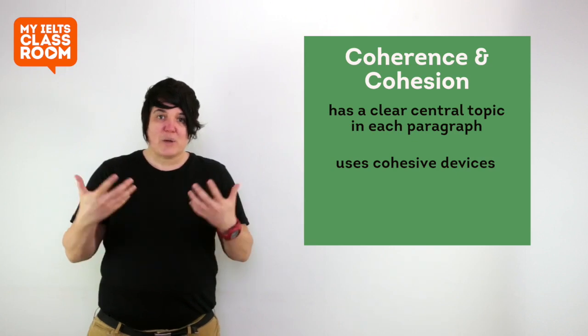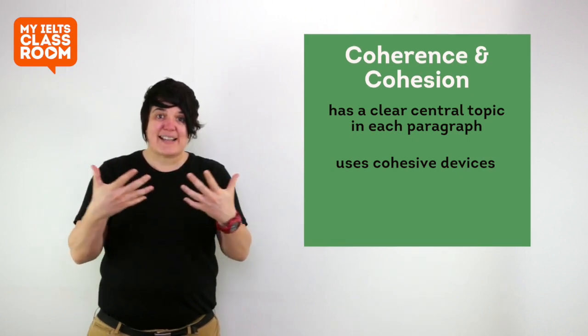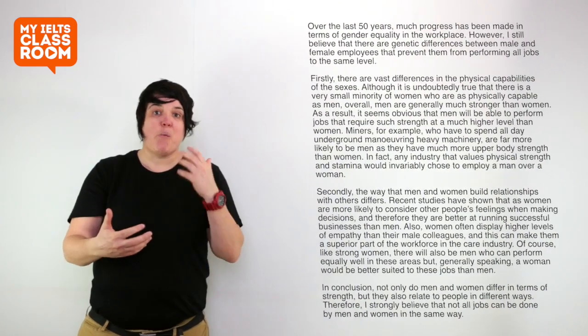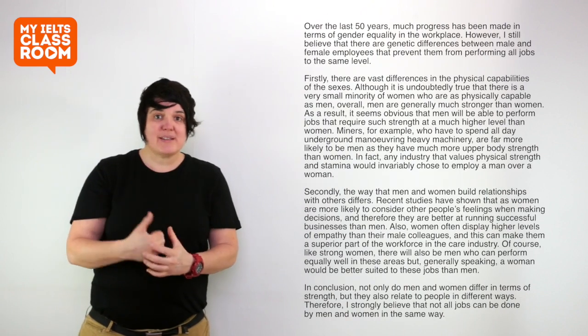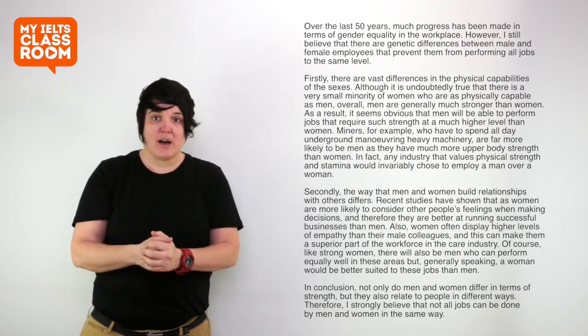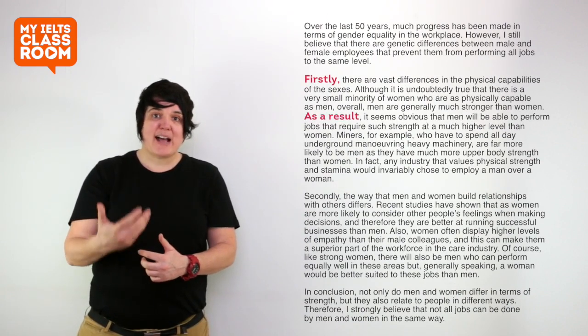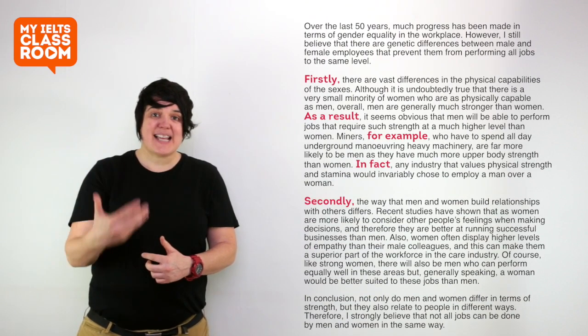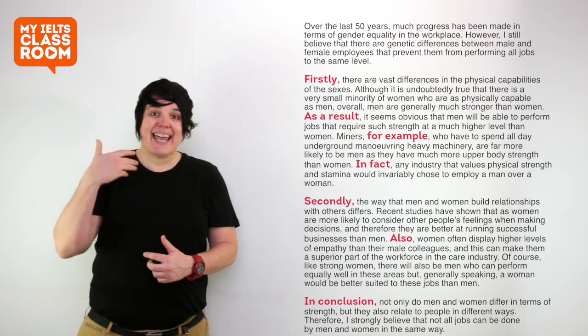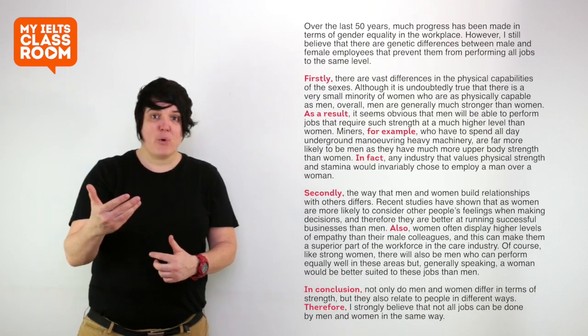Next are cohesive devices. These are words which connect sentences and ideas together. If we return to our men and women essay from the last video, we can see that these are words like firstly, as a result, for example, in fact, secondly, also, in conclusion, therefore.